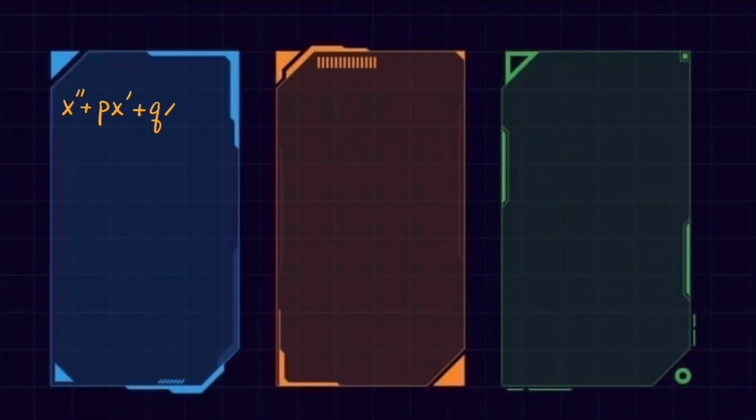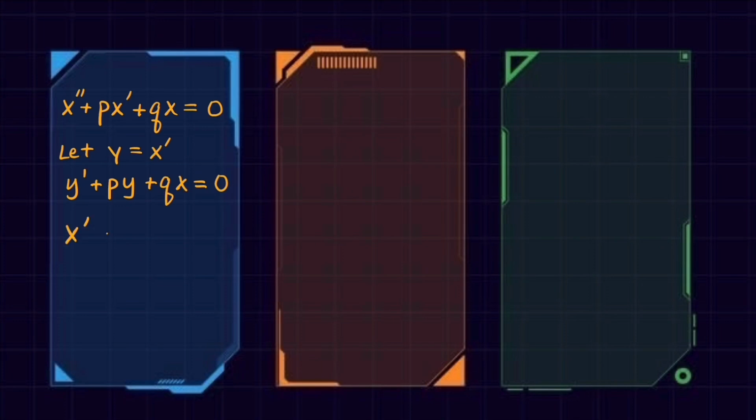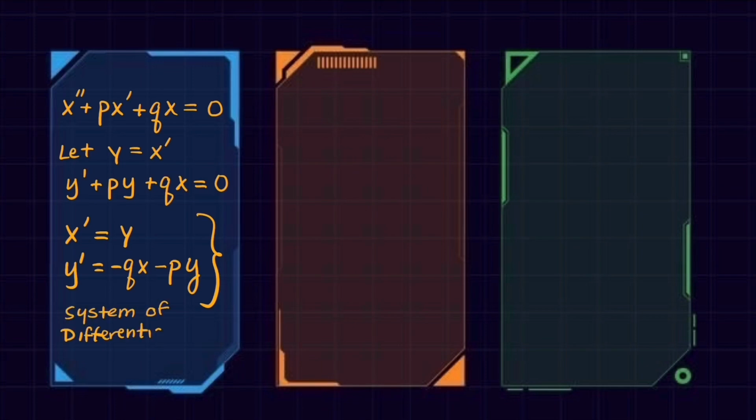Now we'll consider what happens to a planar system of differential equations. Consider x double prime plus px prime plus qx equals 0 as a second order differential equation. By letting y equal x prime, we can turn it into a first order system: x prime equals y, and y prime equals negative qx minus py.